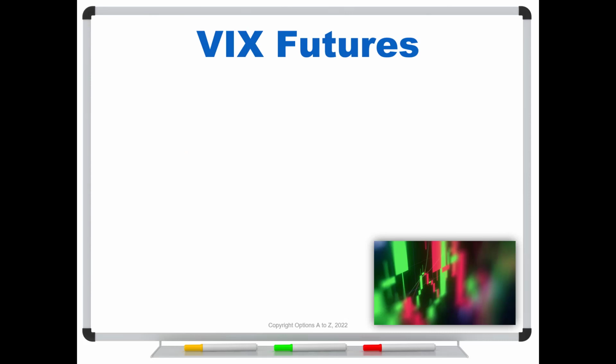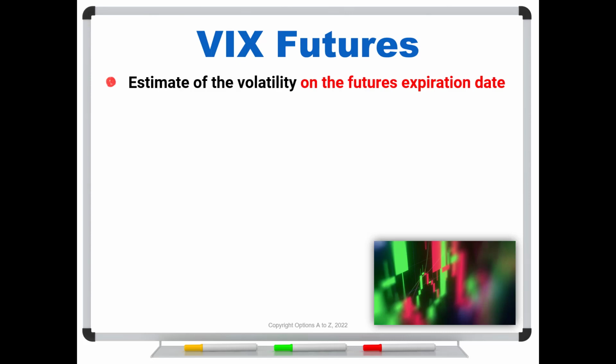So a futures contract, sometimes people think it's an option. It's not. It's a delivery for the underlying at a certain expiration date. Now, in the case of VIX, because you can't deliver the actual underlying, they are settled in cash. But the VIX futures estimate the volatility on the futures expiration date.